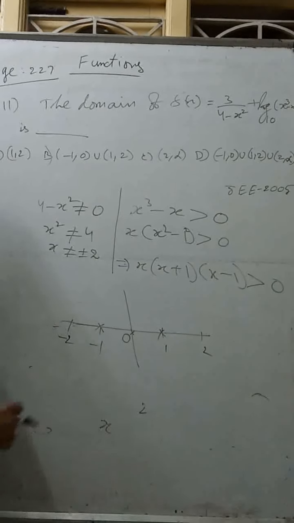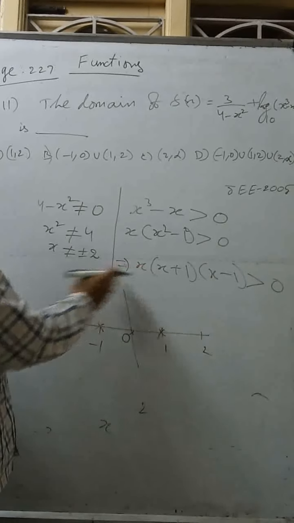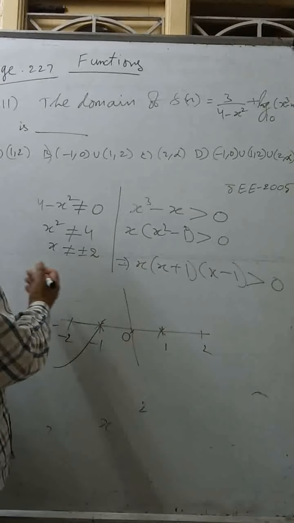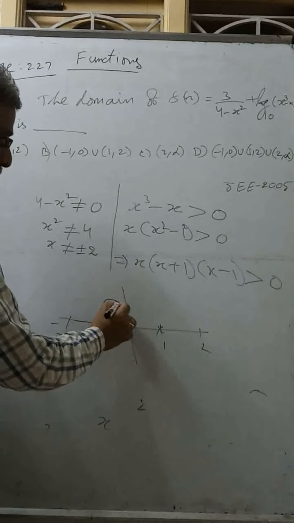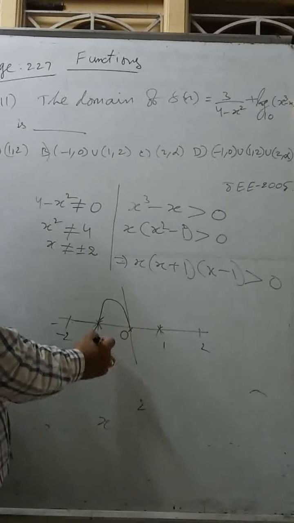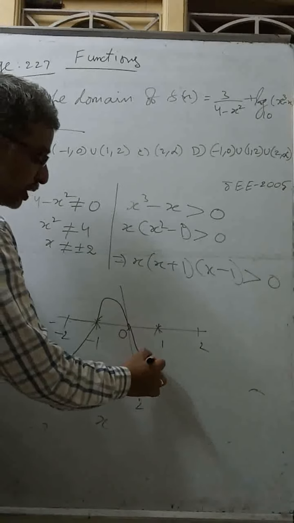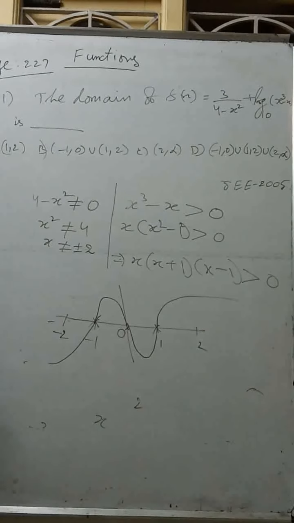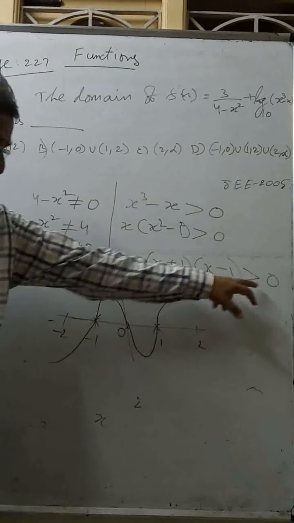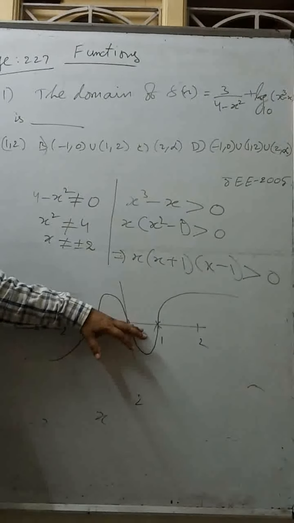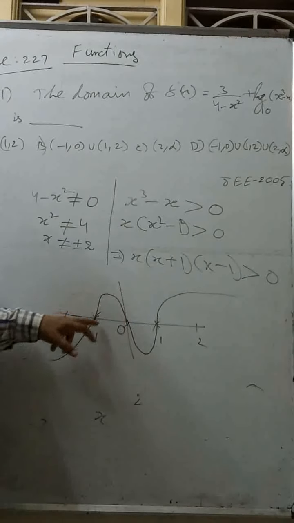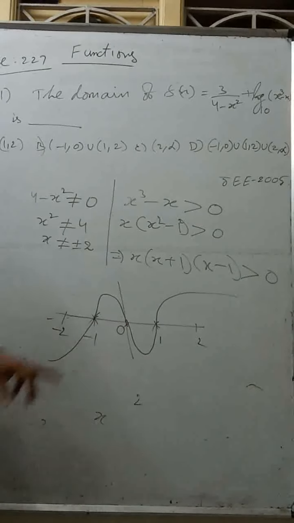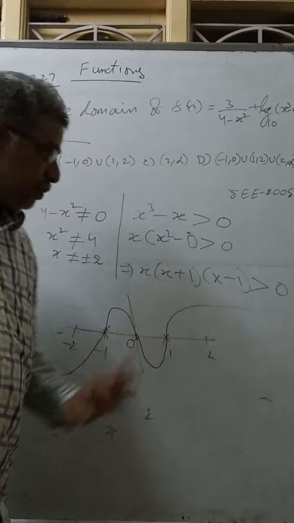From these critical points, if you take x on this side of minus 1, this becomes negative. When x is in between minus 1 to 0, this is positive. Again 0 to 1, if you observe, this is negative, and more than 1, this is positive. So if you observe, he is saying this total value is greater than 0, means above the x-axis, whose y coordinate is positive, means minus 1 to 0 is positive, and more than 1 is positive.